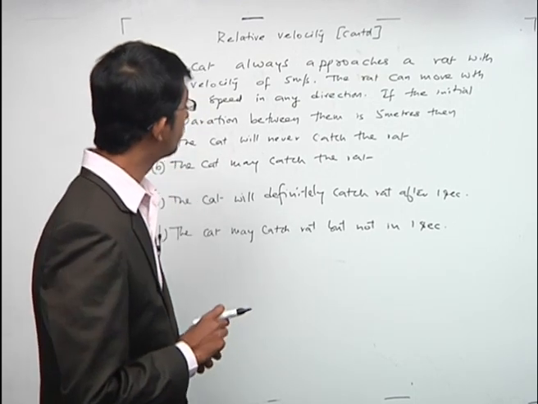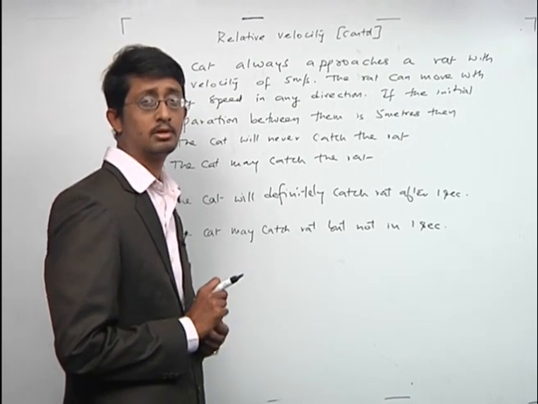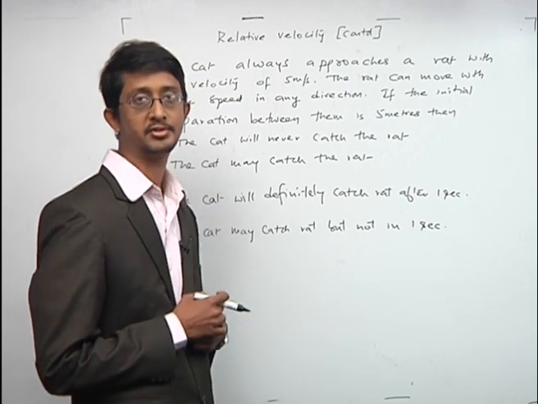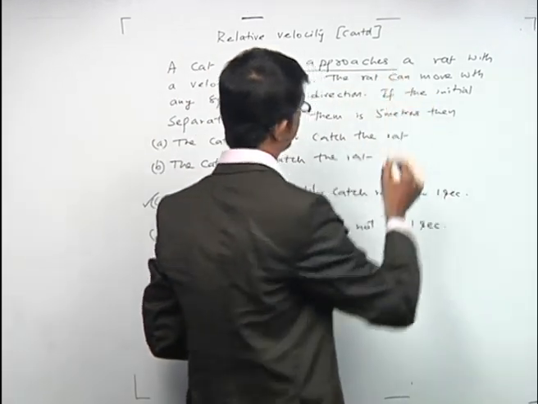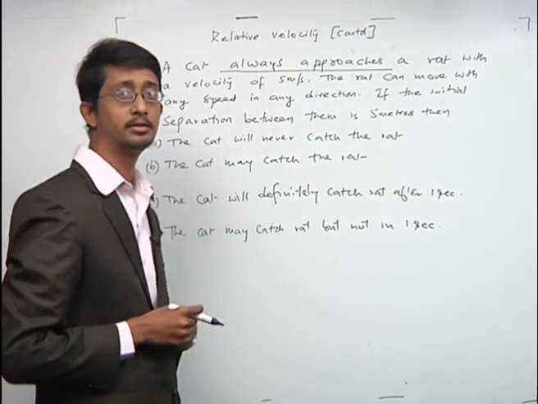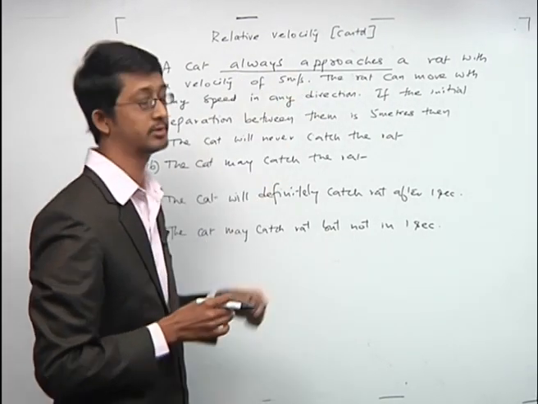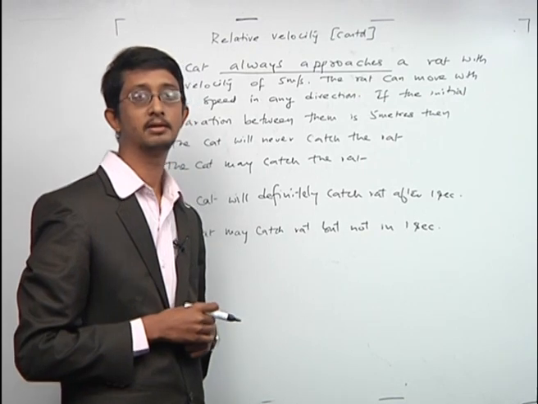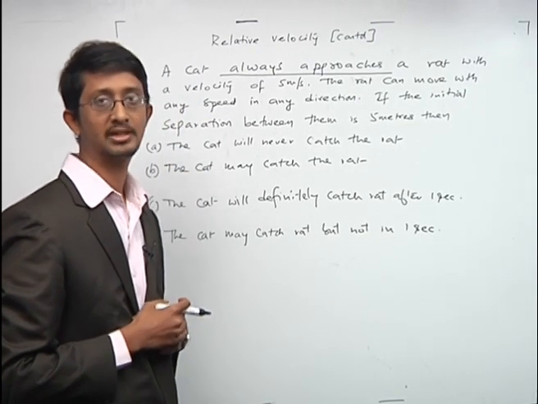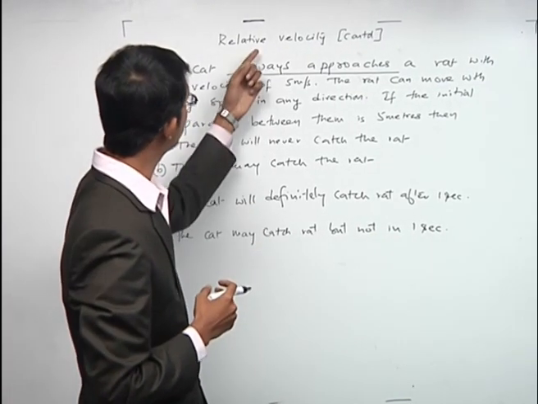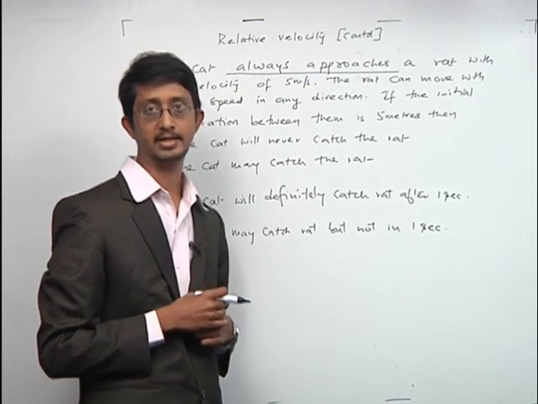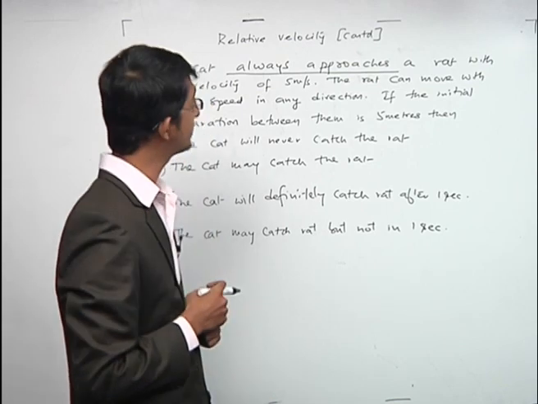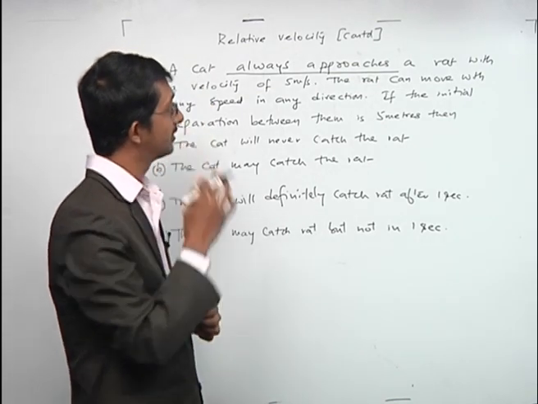But there is a word in this problem on which you must focus your attention: always approaches. This word approach has a special meaning when you come to relative velocity. So let's see what it means.